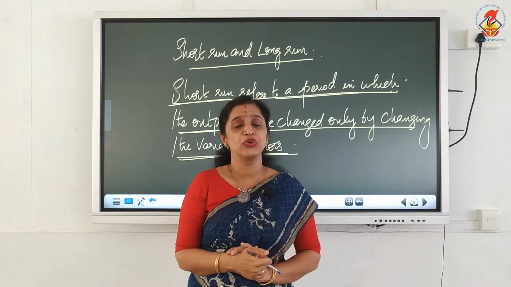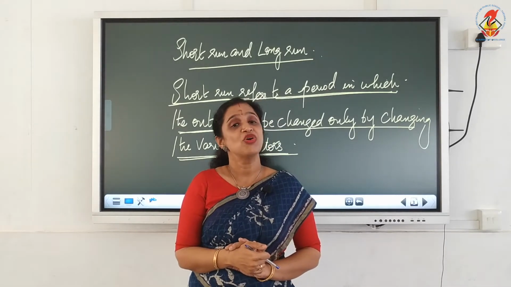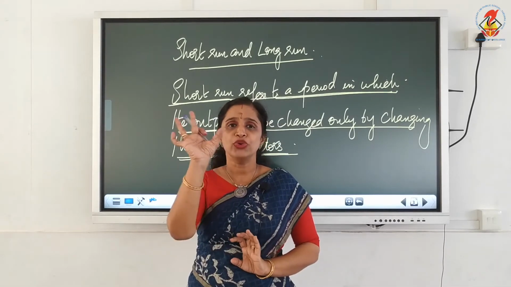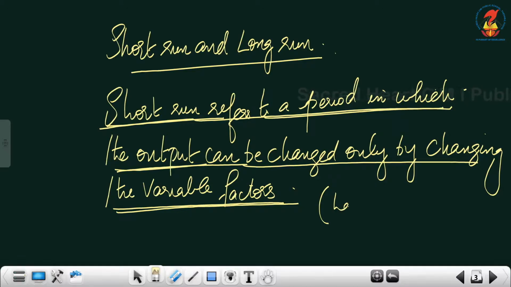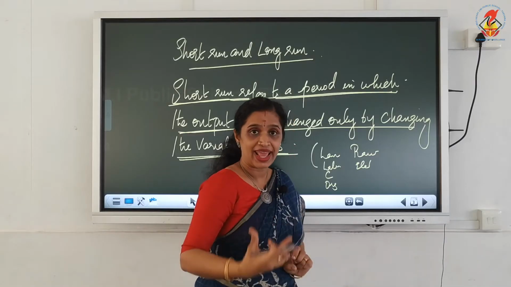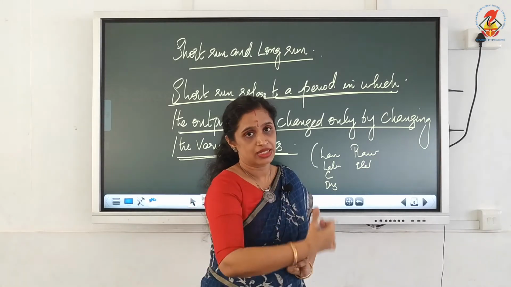Now you need to know what these variable factors are. You know about the factors of production, right? Land, labor, capital and organization, isn't it? Along with that we can add raw materials, electricity, all these things as sub-factors.